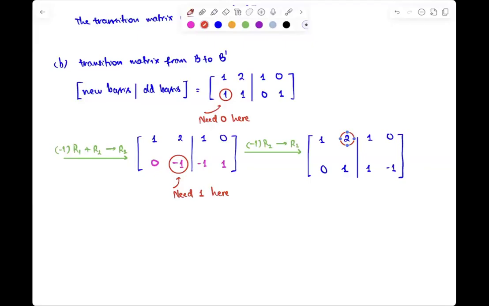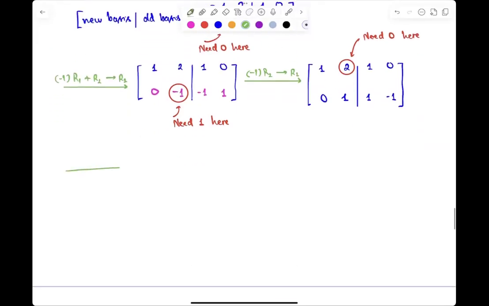So I need 0 here. So to get the 0 there, you multiply row 2 by -2, add with row 1 to create a new row 1.